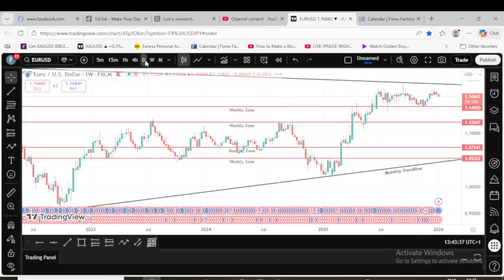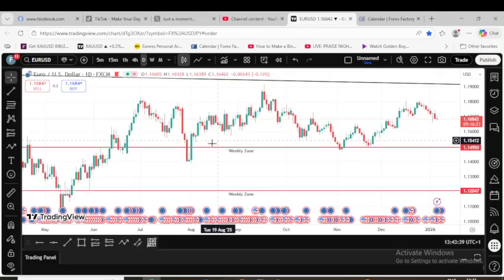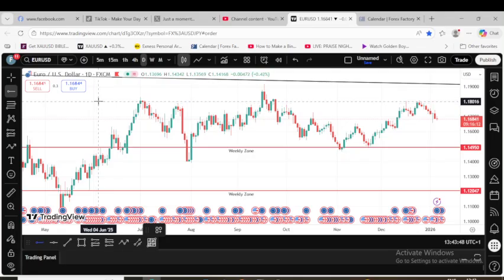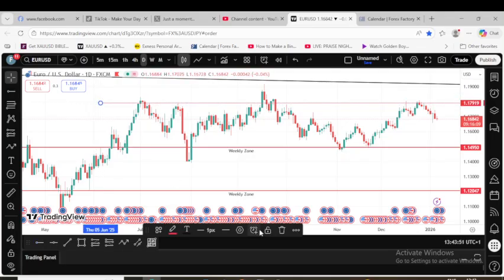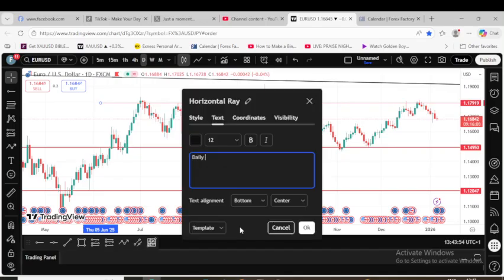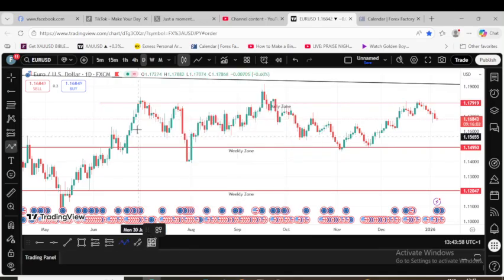So let's go down to the daily time frame. There's a bit of a zone here, somewhere more like here. See, daily zone. Because as you can see, price bounced off of it twice.